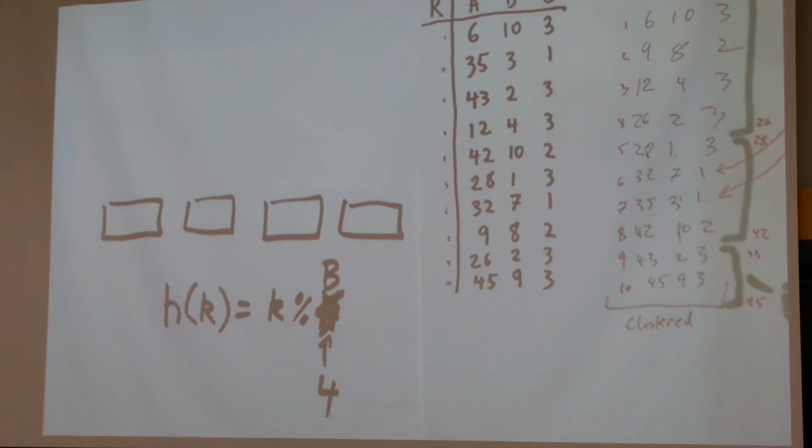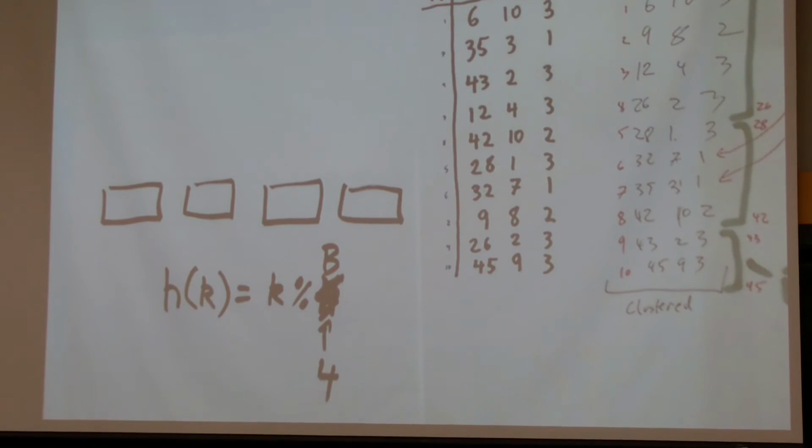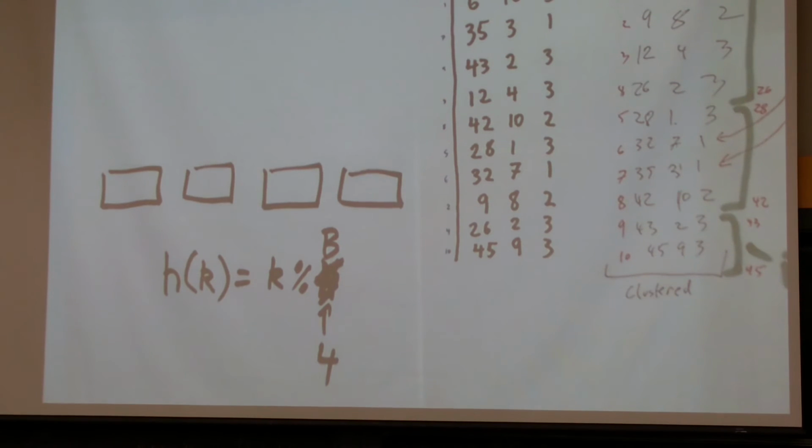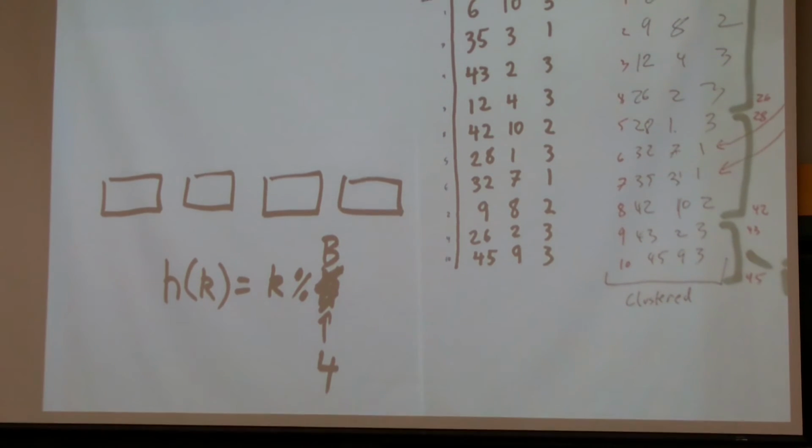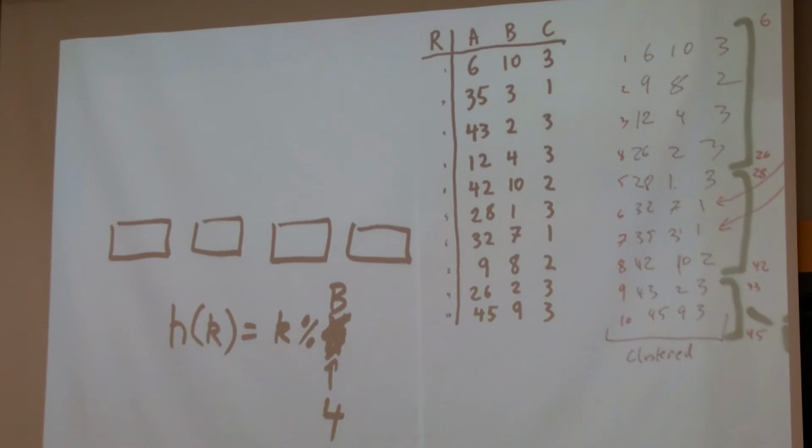So I want to distribute my data across these buckets. Let's say that I want to organize my data based on the B column.